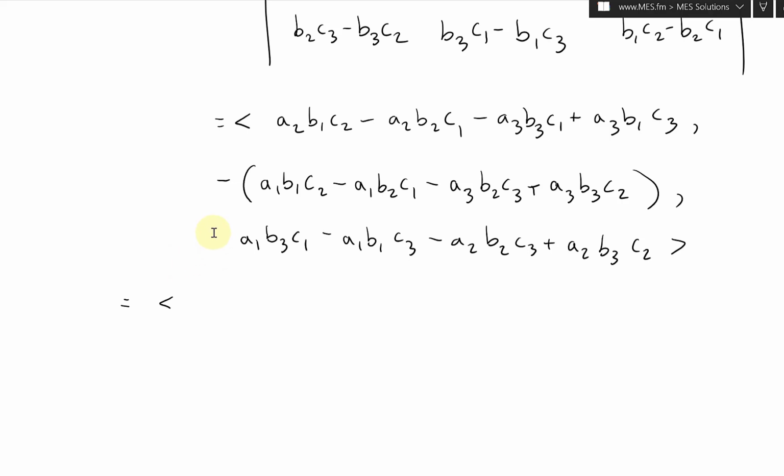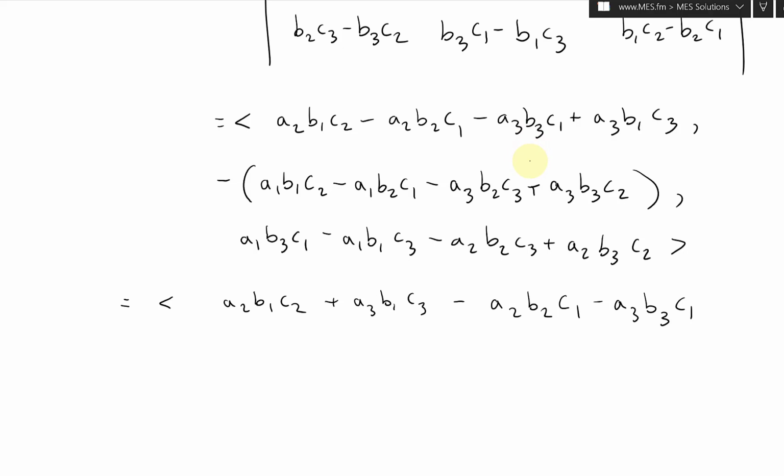This is the positive one, so we'll have a2, b1, c2, and then plus a3, b1, c3. And now the next one: we'll have minus a2, b2, and then c1, and then minus a3, b3, c1.